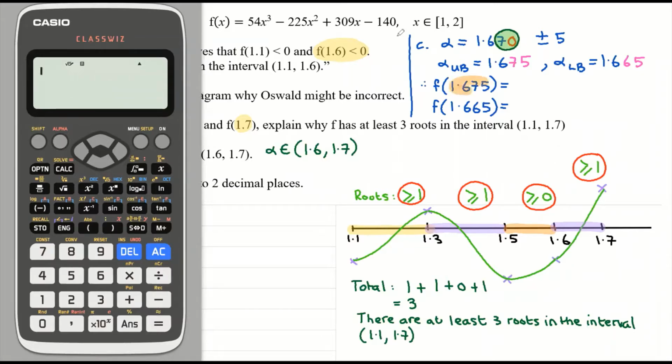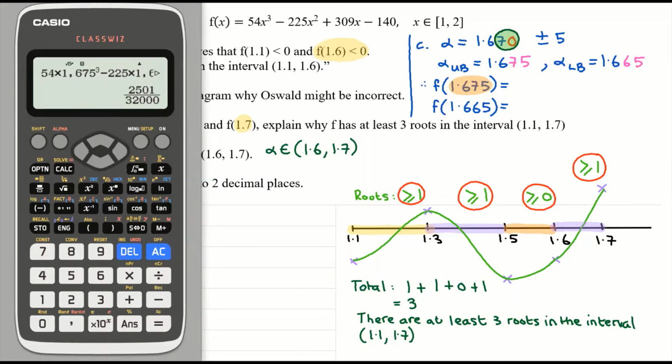We're going to plug that into our f function. So it's going to be 54 multiplied by 1.675 cubed. Subtract 225 multiplied by 1.675 squared. Add 309 multiplied by 1.675, and then we just have to subtract 140 from that.